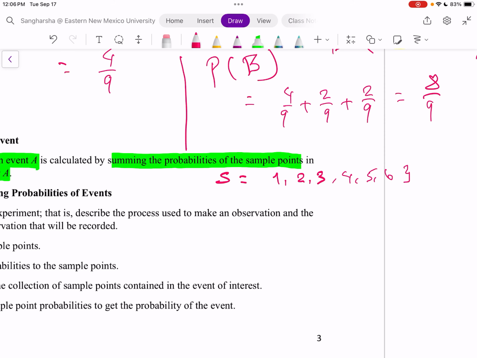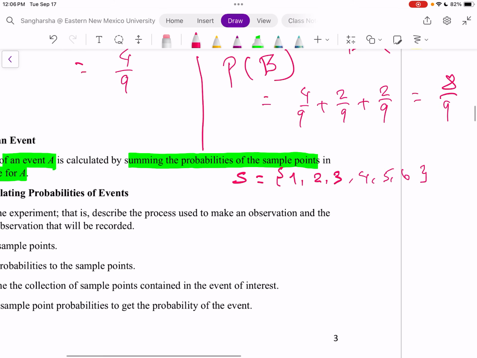Let's define an event, and our event A is even number. We are interested in knowing the probability of even numbers.